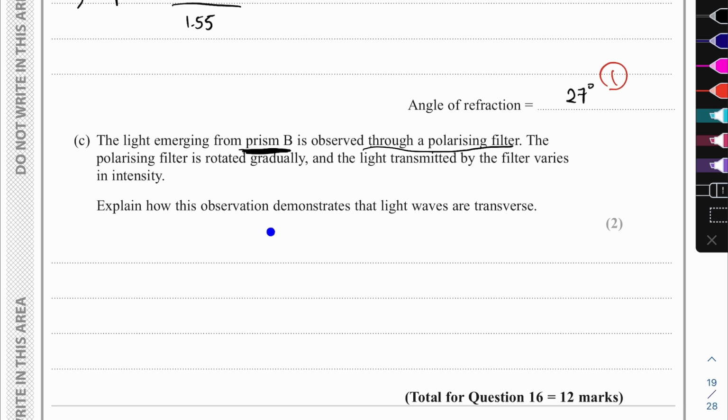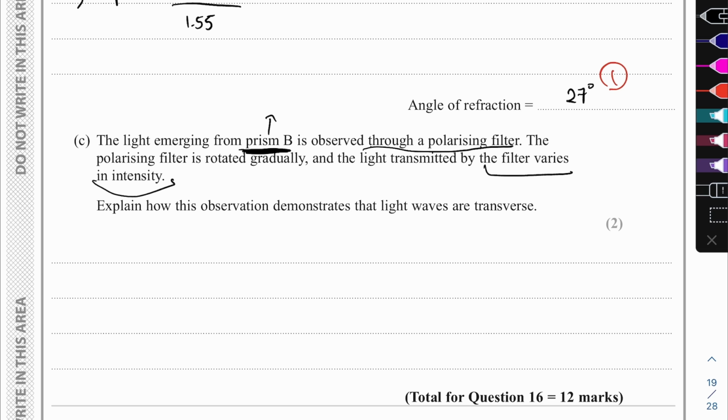Explain how this observation demonstrates the light waves are transverse. Alright, so first thing we need to remember is the light is emerging from prism B. The light emerging from prism B is either polarized or not. Because if it is, then we should get varying intensity. If it's not, then obviously we won't get it.